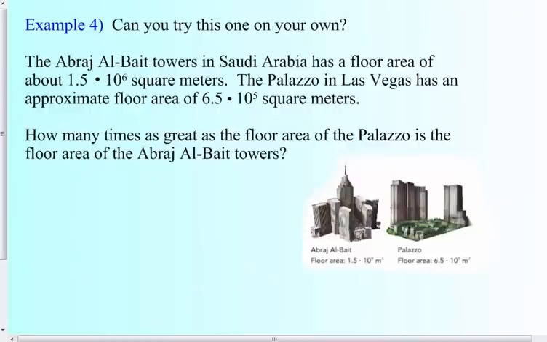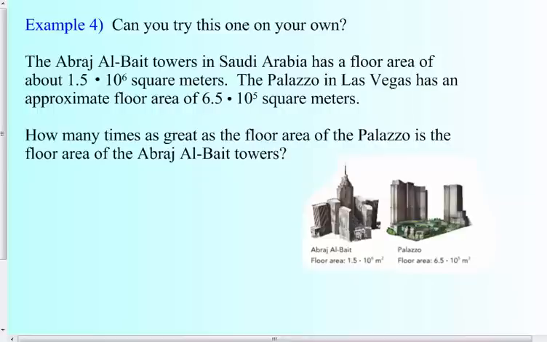Example 4. I'm going to let you try this one on your own, and it is the last part of the video. So the Abraj Al Bait Towers in Saudi Arabia has a floor area of about 1.5 times 10 to the 6 square meters. Very large area.